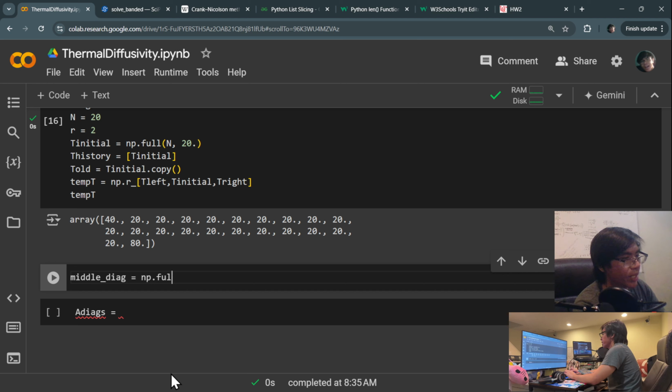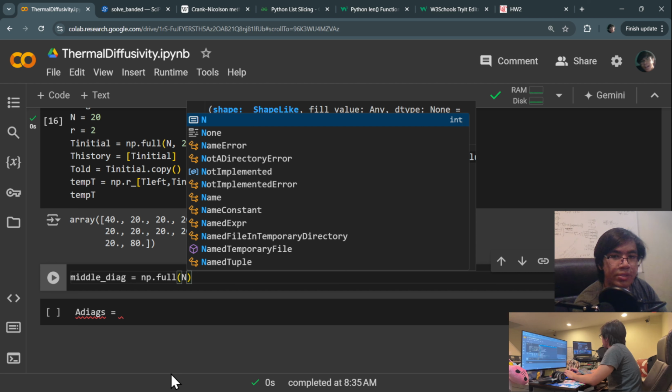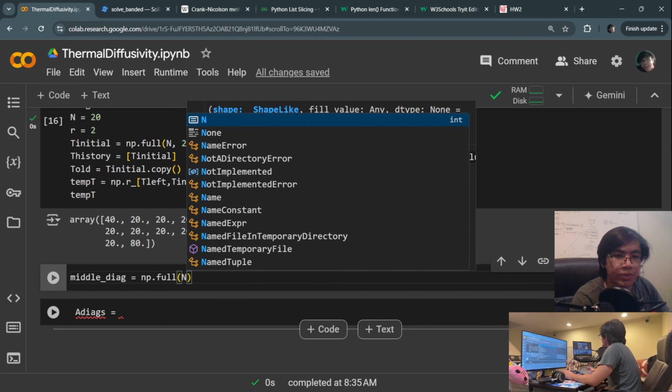It's simply a full array. We're not taking any elements out or adding elements in. So a full array of our unknowns, since the number of our unknowns matches the number of elements in our middle diagonal.